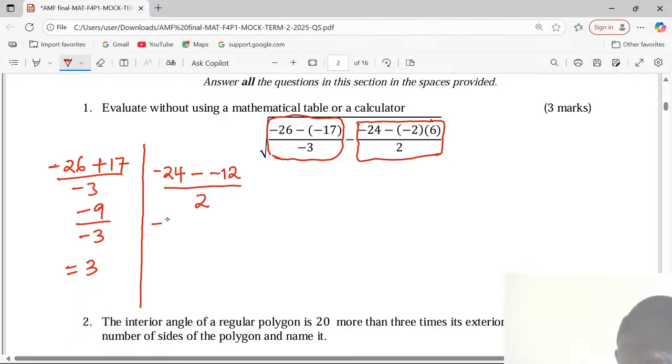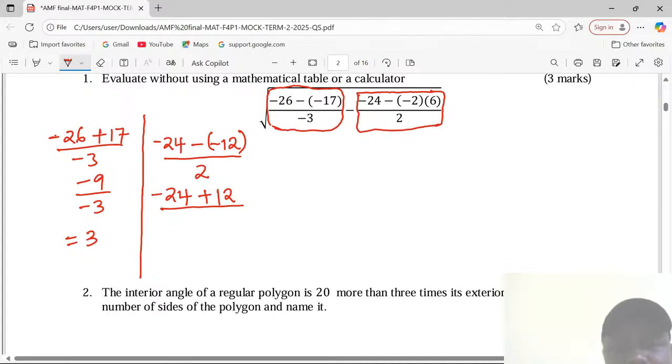So this is negative 24 plus negative 24 plus 12. Then because of a negative opening the bracket here, we are multiplying a negative and a negative to become positive 12, then over 2. So this shall be negative 12 out of 2, giving us a negative 6.